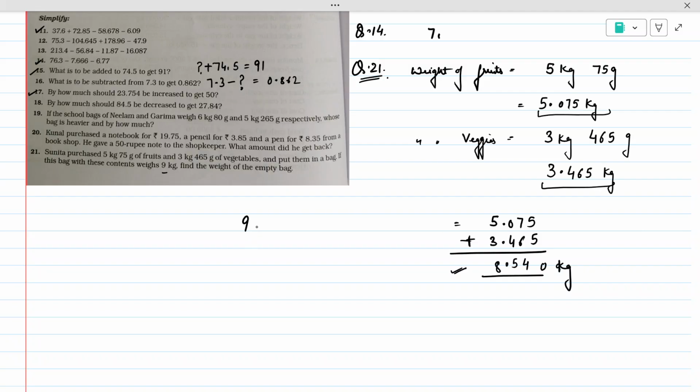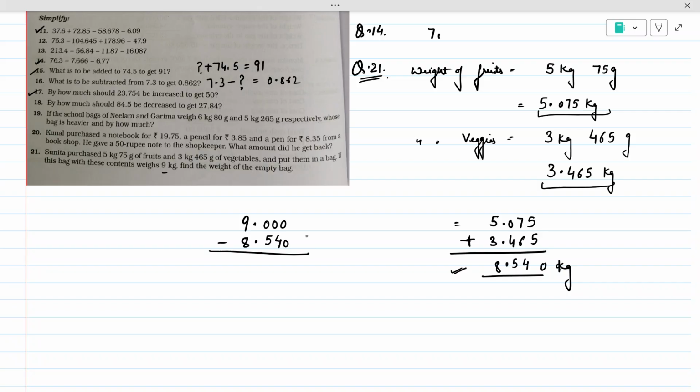9 kg is a whole number and we can write this as 9.000. Why 3 zeros? Because the other number which we are going to subtract has 3 places of decimals. So when it has 3 places of decimals, that means we have to convert the whole number also up to 3 places of decimals.